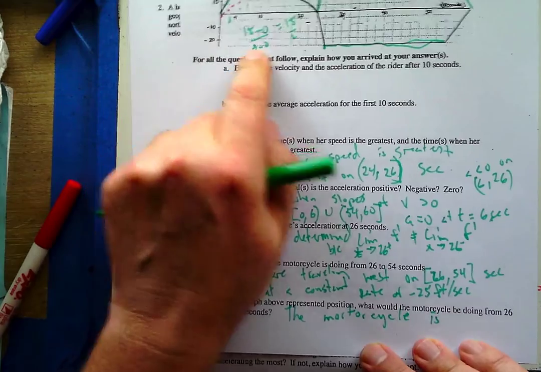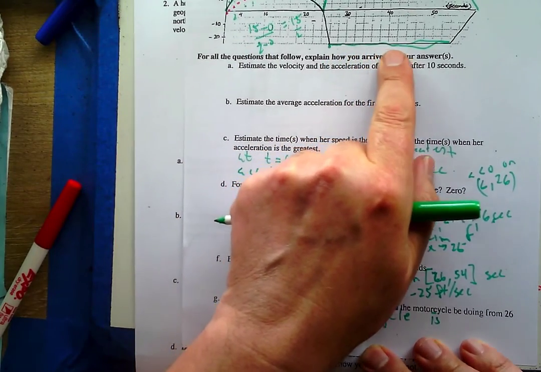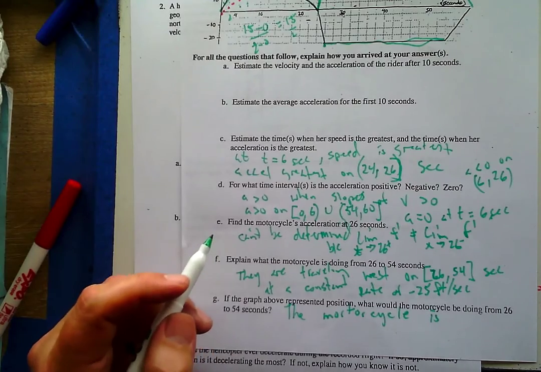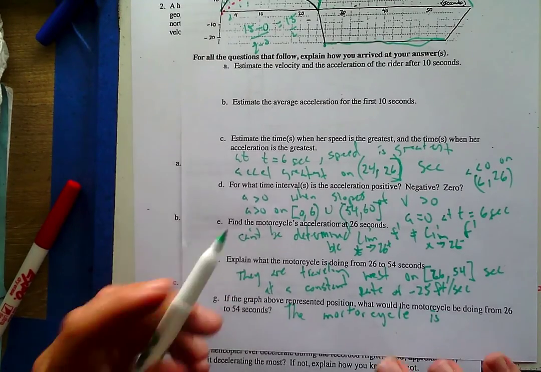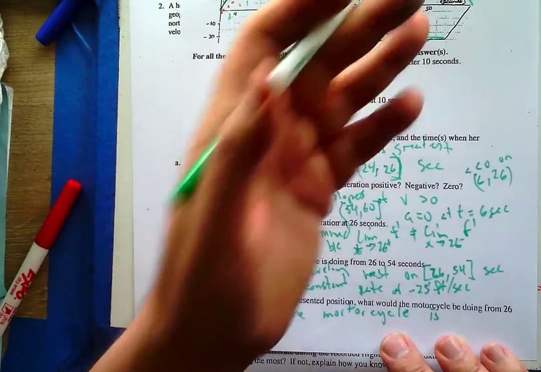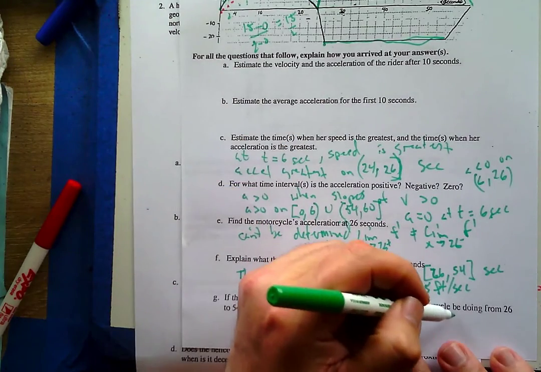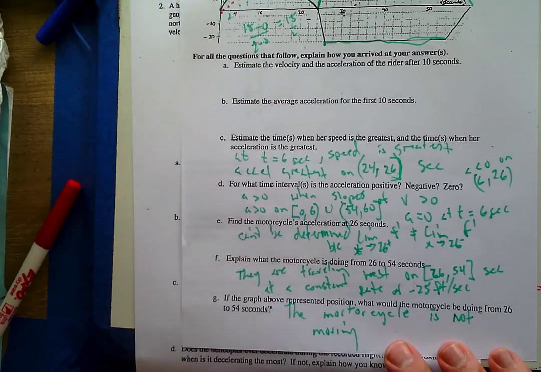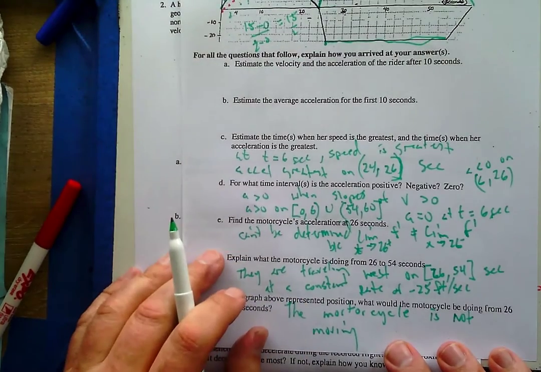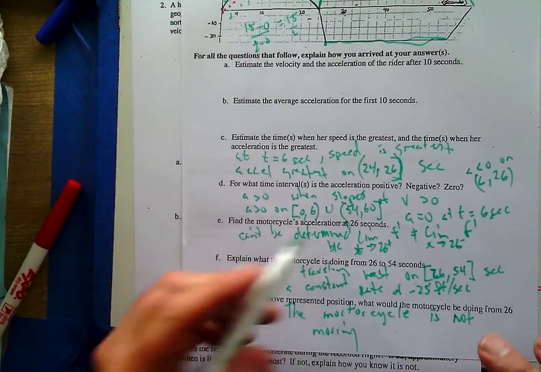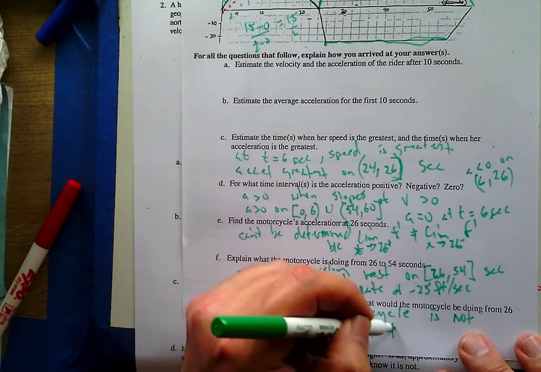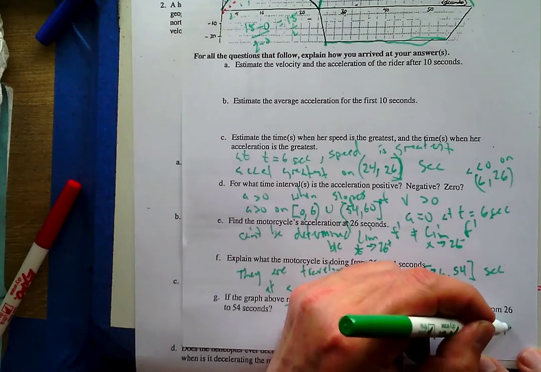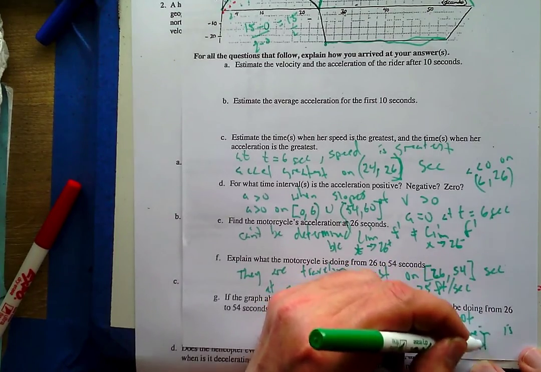Position is negative 25, negative 25, negative 25. It's negative 25 on that interval. The position doesn't change because it's always negative 25. The motorcycle is not moving if this is position. Okay. If the graph given is position.